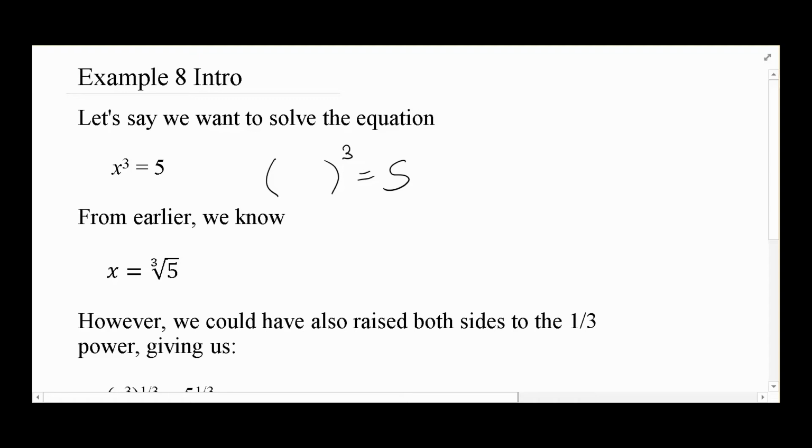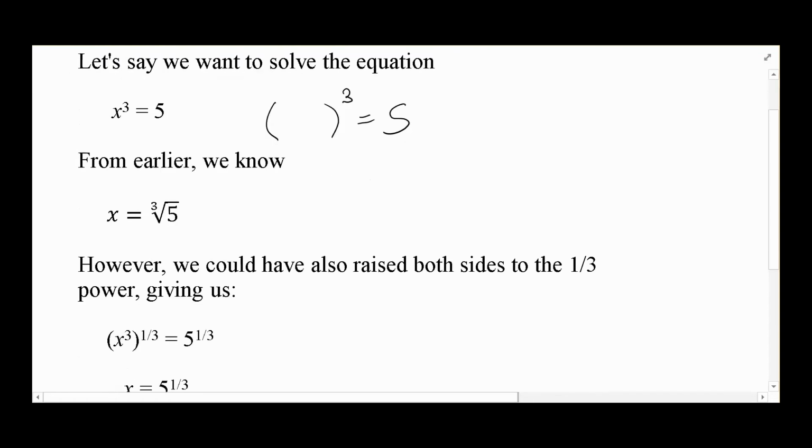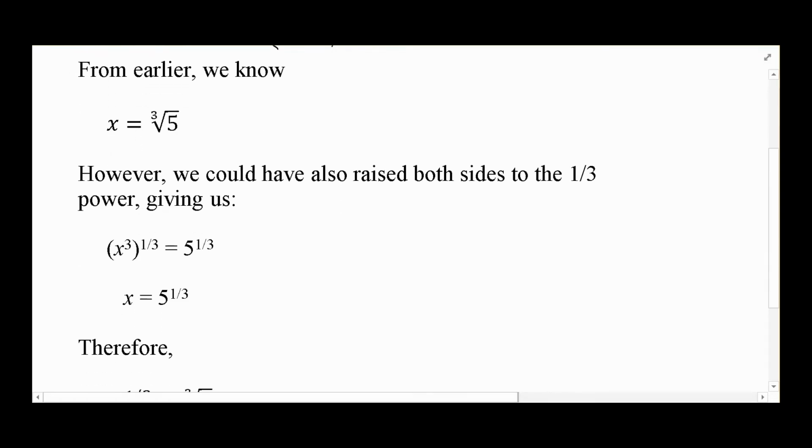What if, instead of using that definition, I wanted to say, let's undo the third power? If I could multiply the third power by 1/3, that would undo it. So if I could raise both sides to the 1/3 power, that would undo the third power, and it's true, it would.